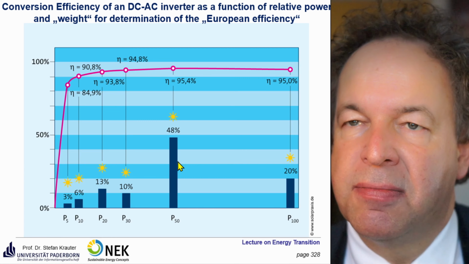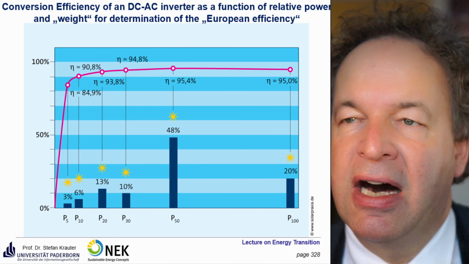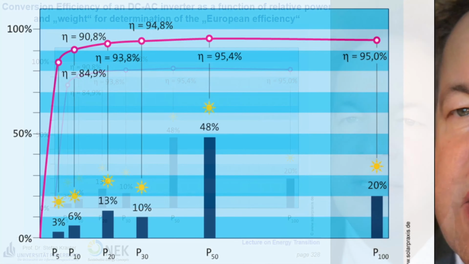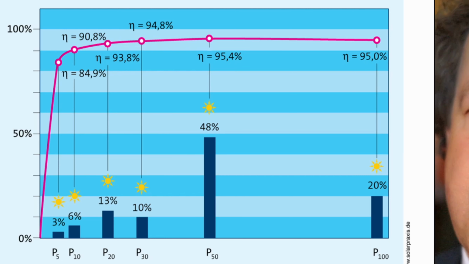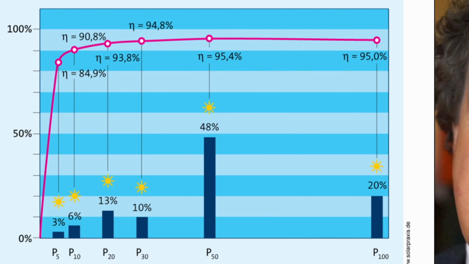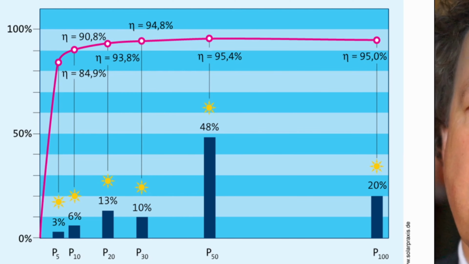Then, because it's much more frequent, at half of the irradiance or less, you weight that with a factor of 0.48 or 48%. And then for even lower power you have 10%, 13%, 6% and 3% as weights. And then you end up at the so-called European efficiency.